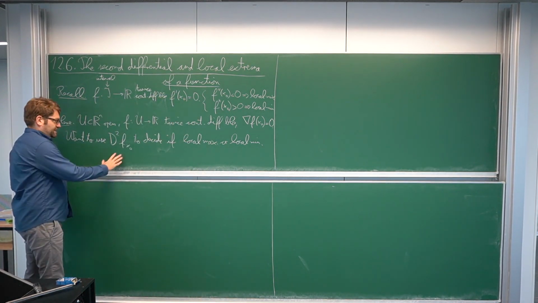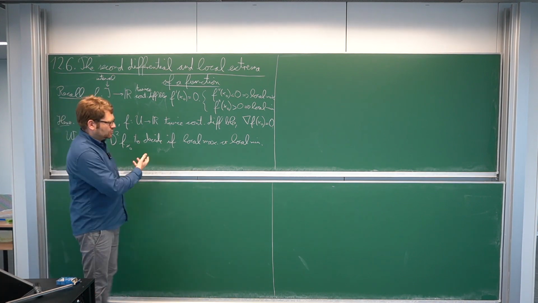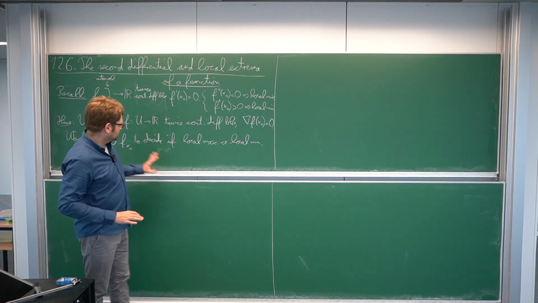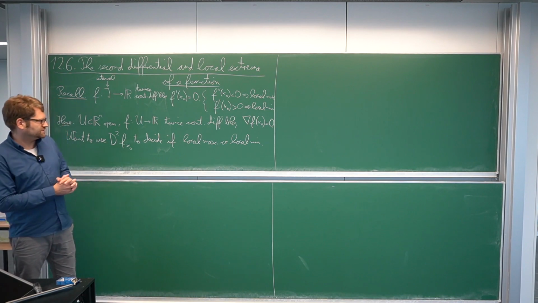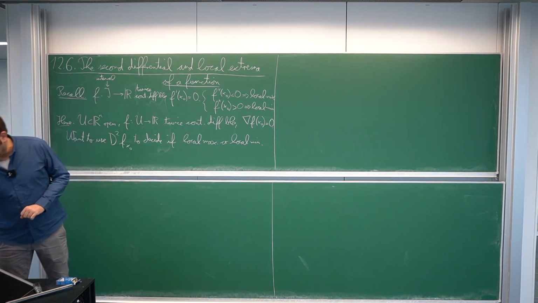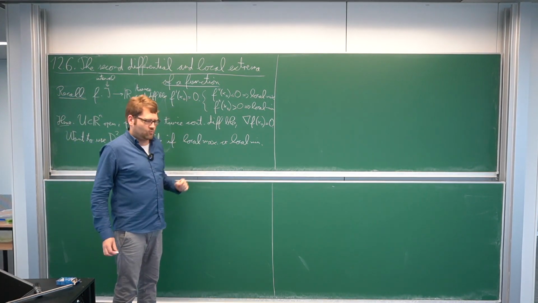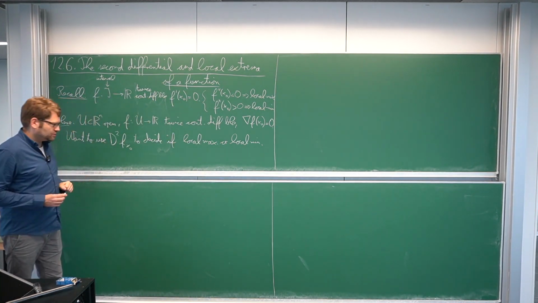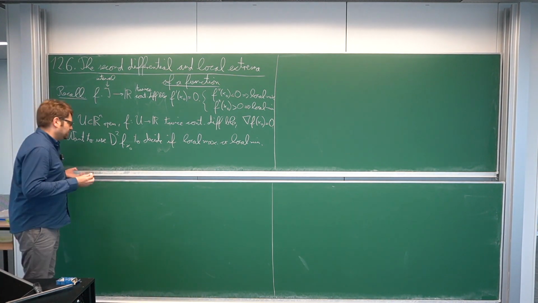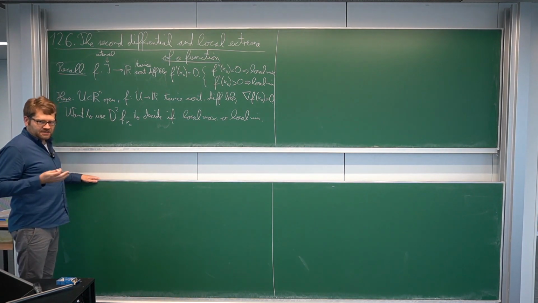Then we want to use the second differential, d2f, in the point x0 to decide if it's a local maximum or minimum. We cannot do this all the time, but we have some properties of the second differential that will help us to do so. This time it's a bit more complicated, because here we just needed to compute a number, while in fact the second differential is a different kind of object. What we've seen from the construction is that the differentials are multilinear maps.